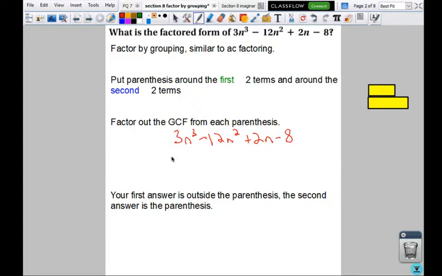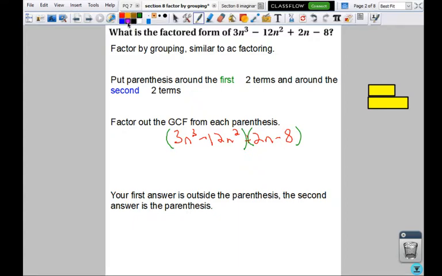So I'm going to put parentheses around my first 2. And I'm going to put parentheses around the second 2. And basically, I'm going to just keep going from AC factoring. So I'm going to have to factor out the greatest common factor from both parentheses. And then I'm going to do step 4, which says you take your 2 answers and shove them into parentheses.